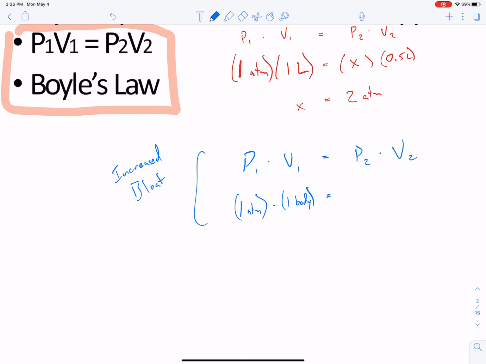When bloat happens, you get an increase in the amount of volume, right? So let's say you're not going to double the volume of the body, but let's say we have a significant amount of bloat and we're going to increase that by, instead of 1 body, we'll call it, I'm going to convert it to fractions, if that's okay.